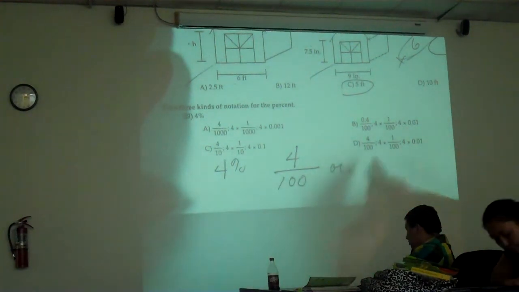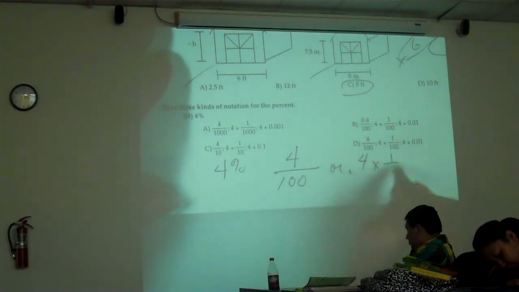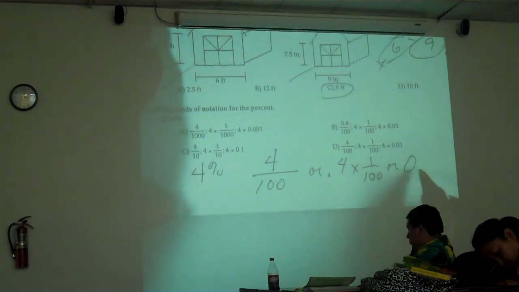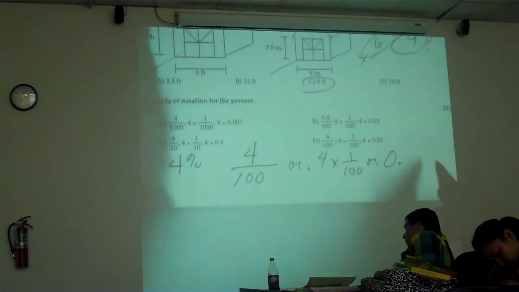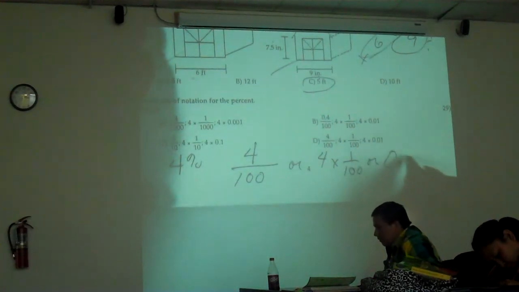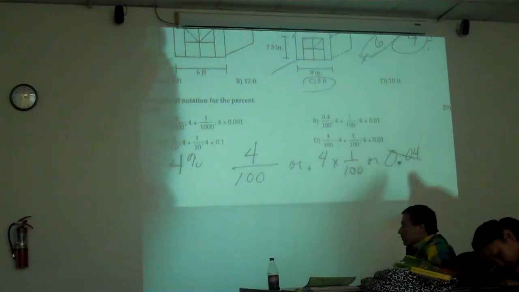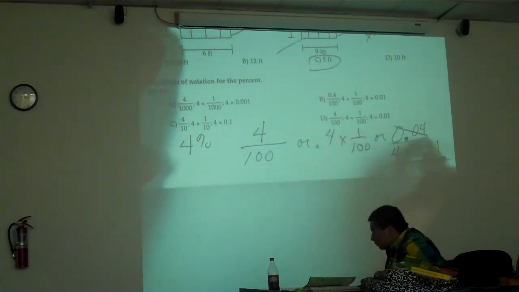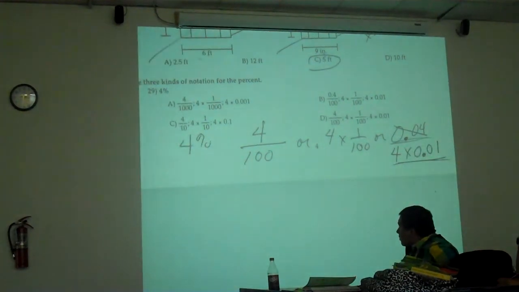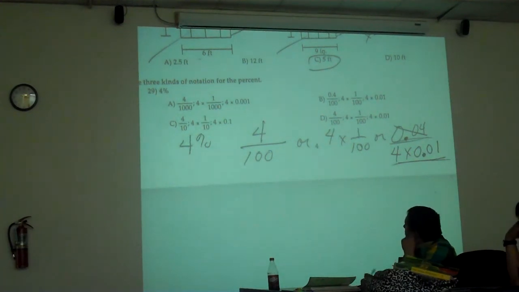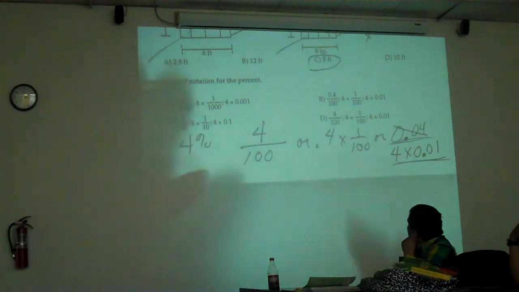Or you can write it times 1 over 100, or as a decimal. I was going to put 0.04, but that's not how it has it. 4 times 0.01. If you wrote that, I would accept it if it wasn't multiple choice, because that's still another way to write it. So that would be D.